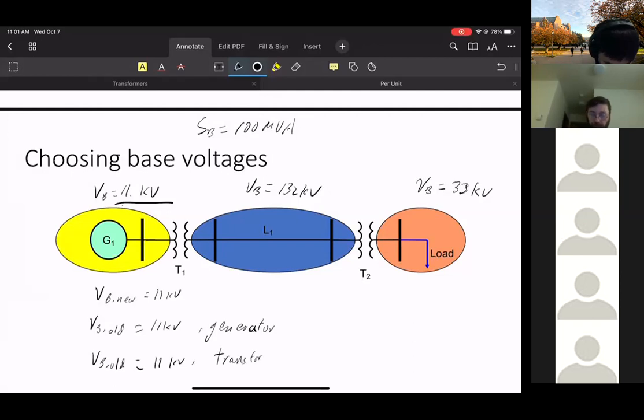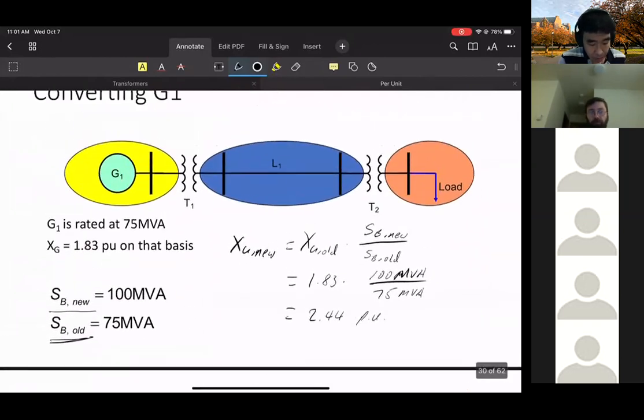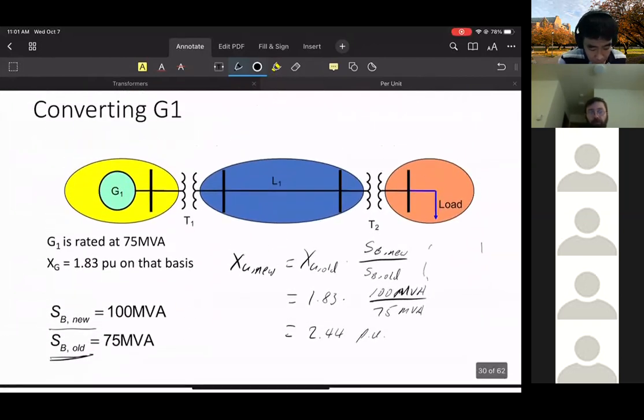We choose 11 kV such that all these numbers are the same. In this case, because the base voltage is the same, we don't have this bracket, because this is 1 inside the bracket.